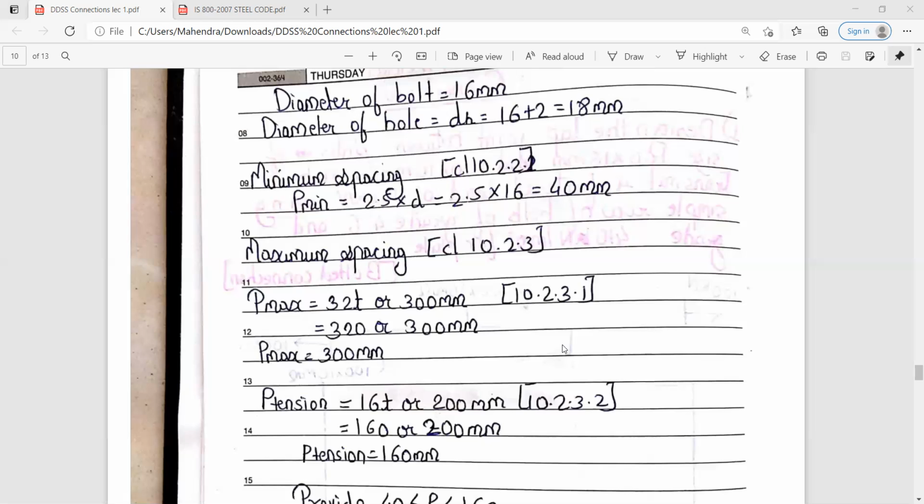Okay, completed up till here. The value of T taken over here is 10, that is the minimum thickness of the plate, 10 mm, as given in your question.